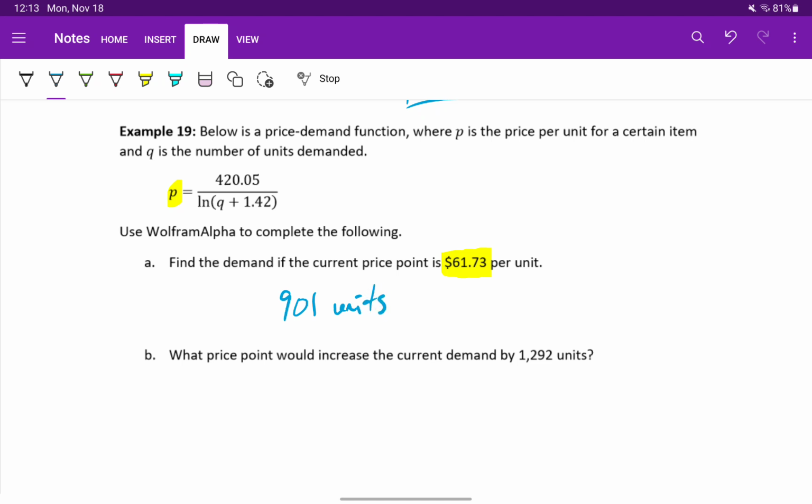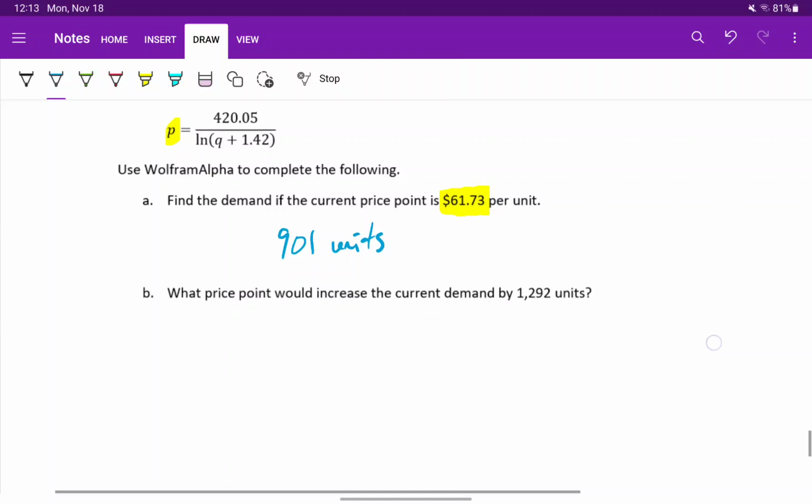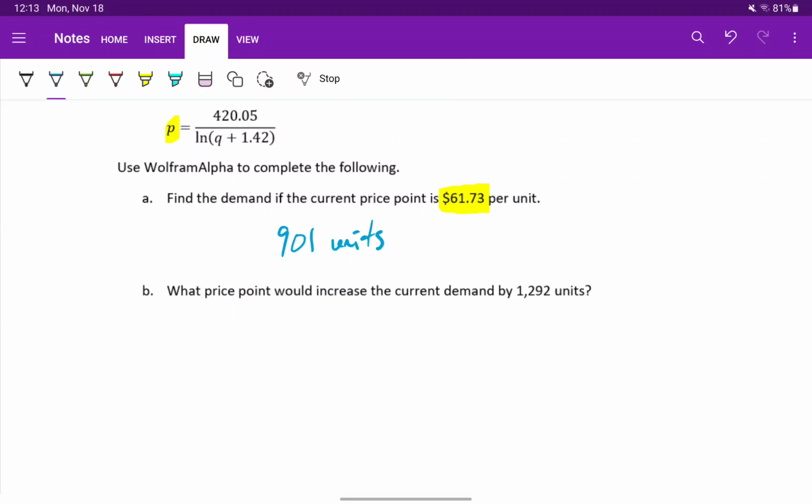Then we're asked in part B, what price point would increase the current demand by 1,292 units. So if our current demand, because in part A, we said if the current price is $61.73, this gave us our current demand of 901 units.